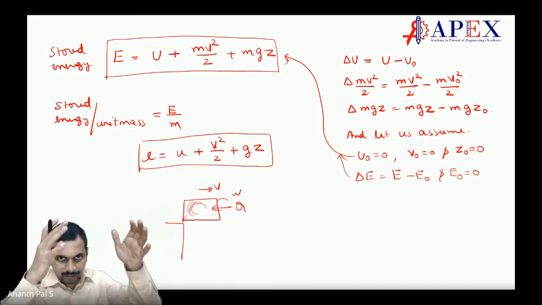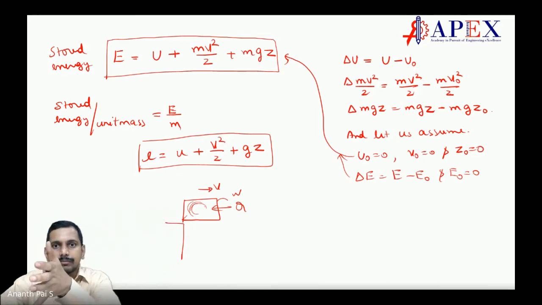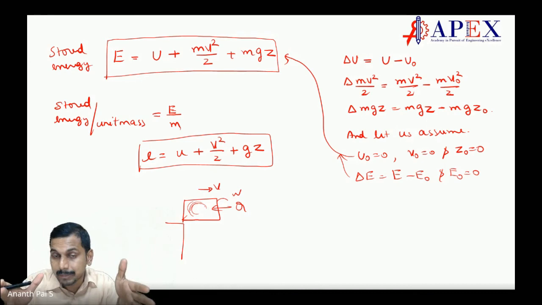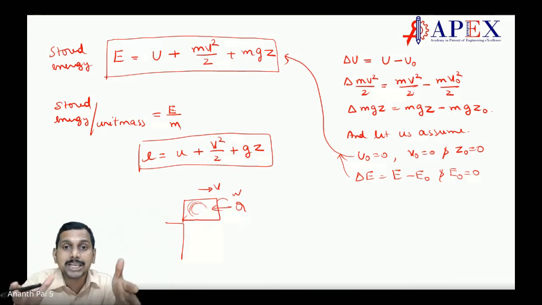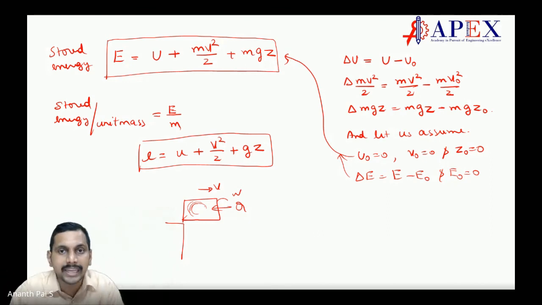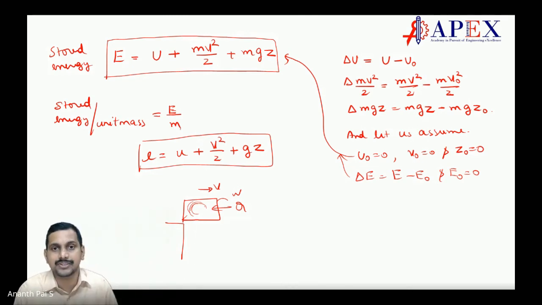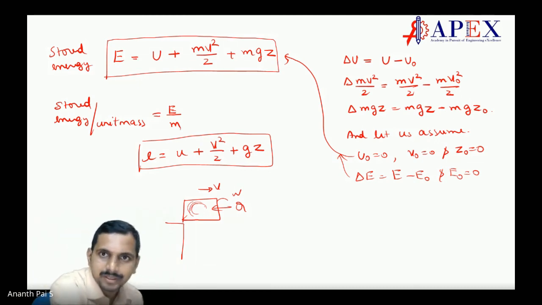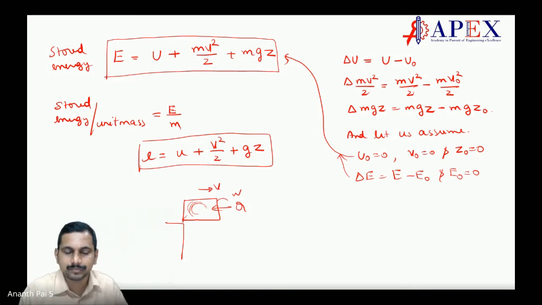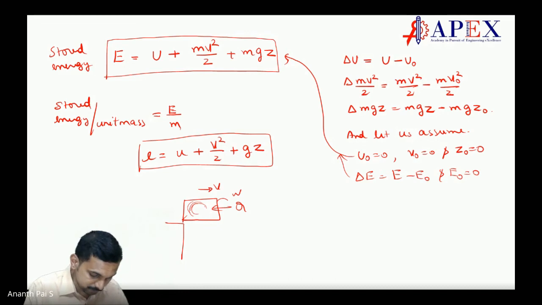So when a closed system is moving, it is a unit mass. Keep in mind, mass can move. When mass moves, it has its own internal energy, its own kinetic energy, and its own potential energy. Make sense? When you say closed system, you have to consider a lump of mass. Making sense, students? What internal energy is, all those things we will see one by one, okay?